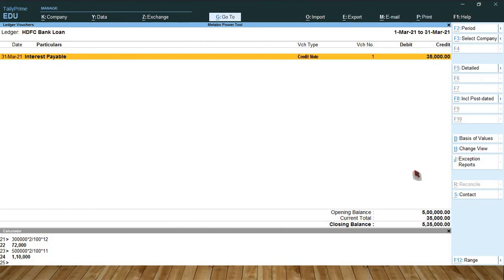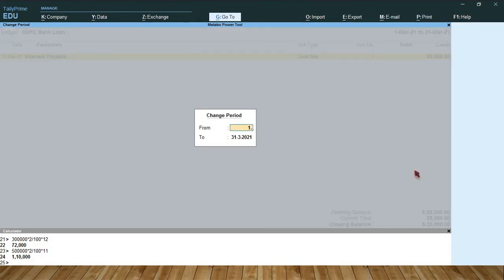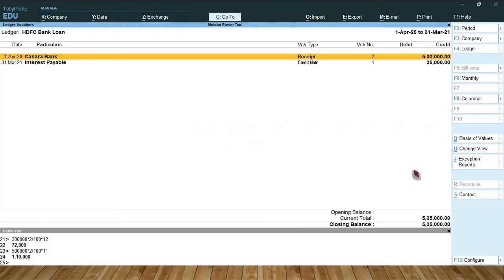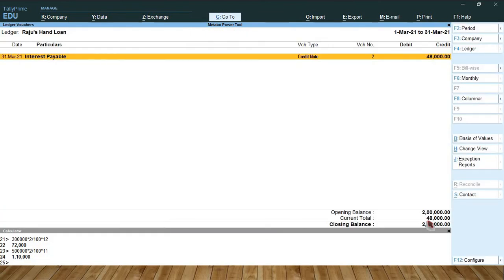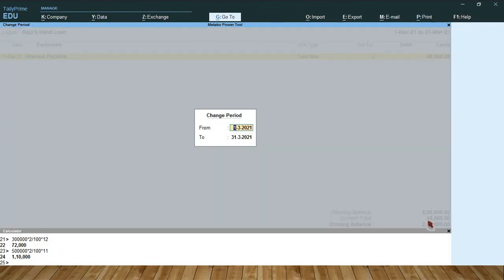HDFC Bank loan, change the period, 1/4/20. See, interest amount is affected for HDFC Bank loan. So total amount including interest is 5,35,000. So like that you have to check Raju's hand loan, 1/4.